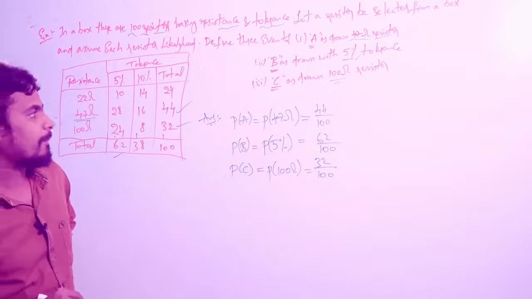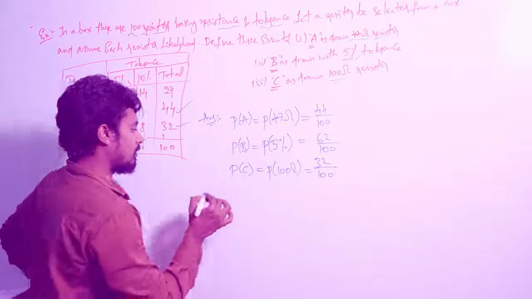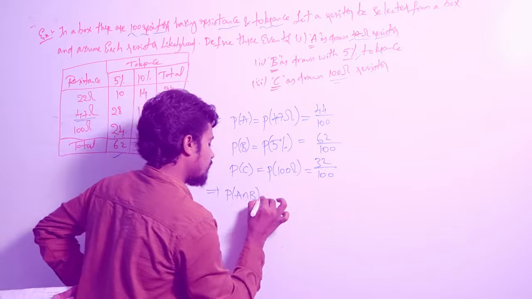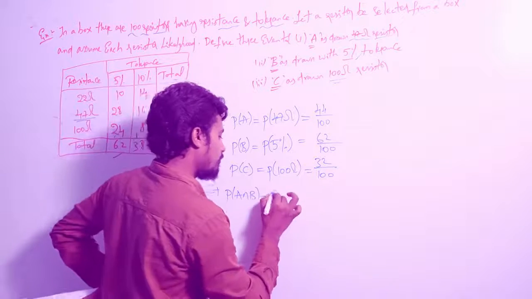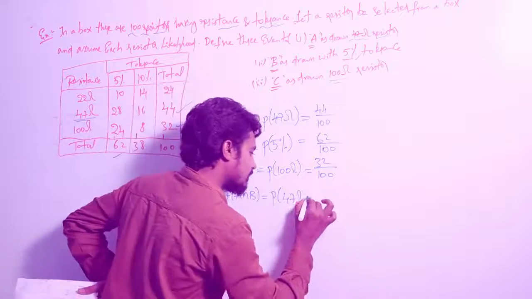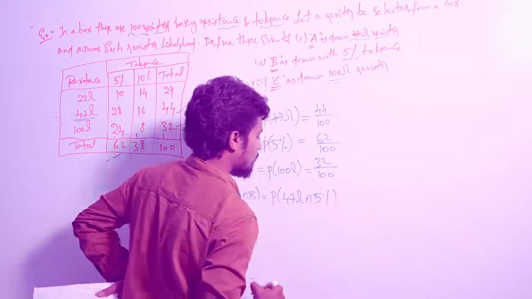If I want to take P of A intersection B, what will happen? If you take P of A intersection B, that will be equal to P of 47 ohm intersection 5%.